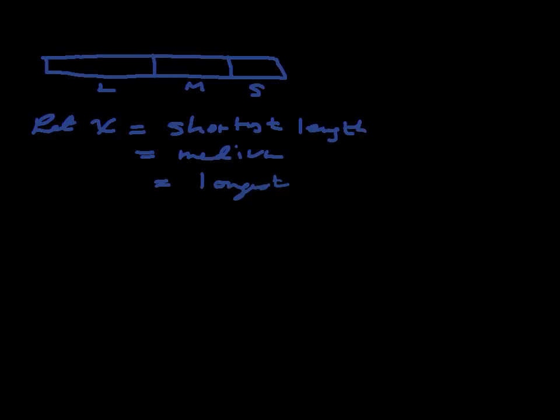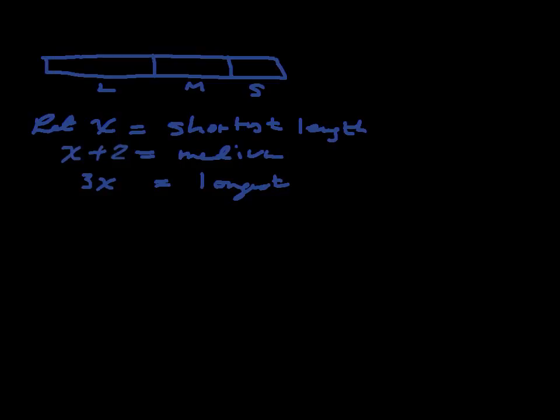The first sentence said the longest piece must have 3 times the length of the shortest. So if the shortest was 2, the longest would have to be 3 times 2. If the shortest is X, the longest is 3 times X. The medium piece is 2 feet longer than the shortest. If the shortest, say, was 4, the medium would be 4 plus 2. If the shortest is X, the medium is X plus 2.